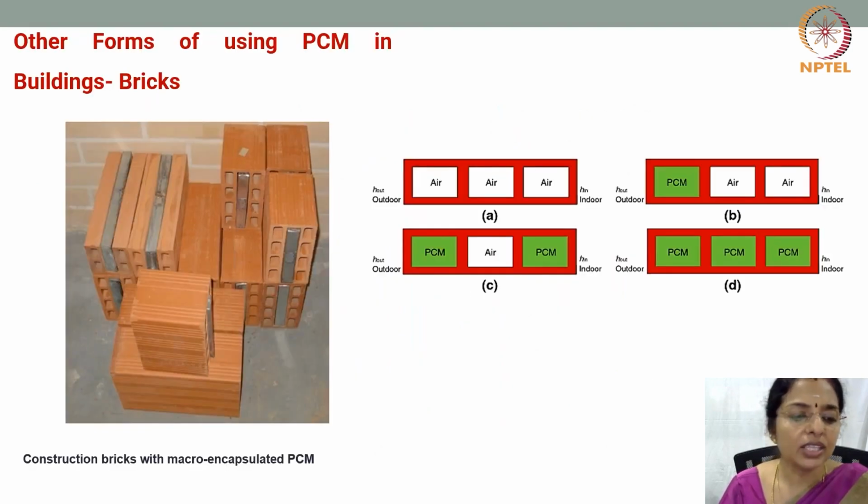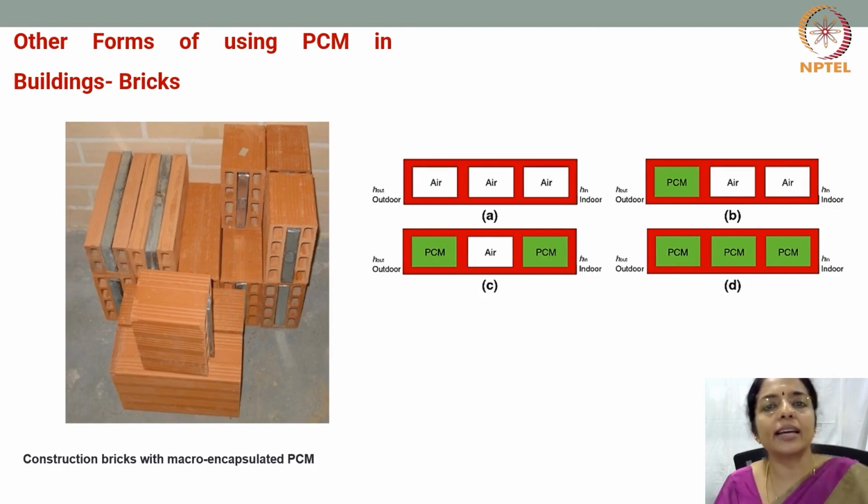So how does a PCM integrated brick look? PCM integrated walls are, now this is a passive cooling element for curtain wall construction. It consists of a translucent PCM layer. So what all options are available?